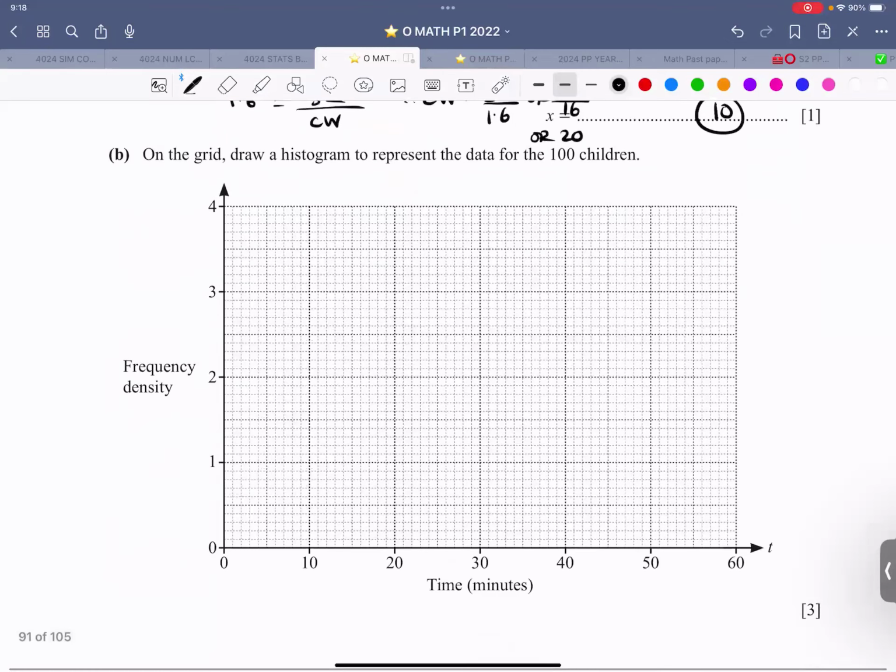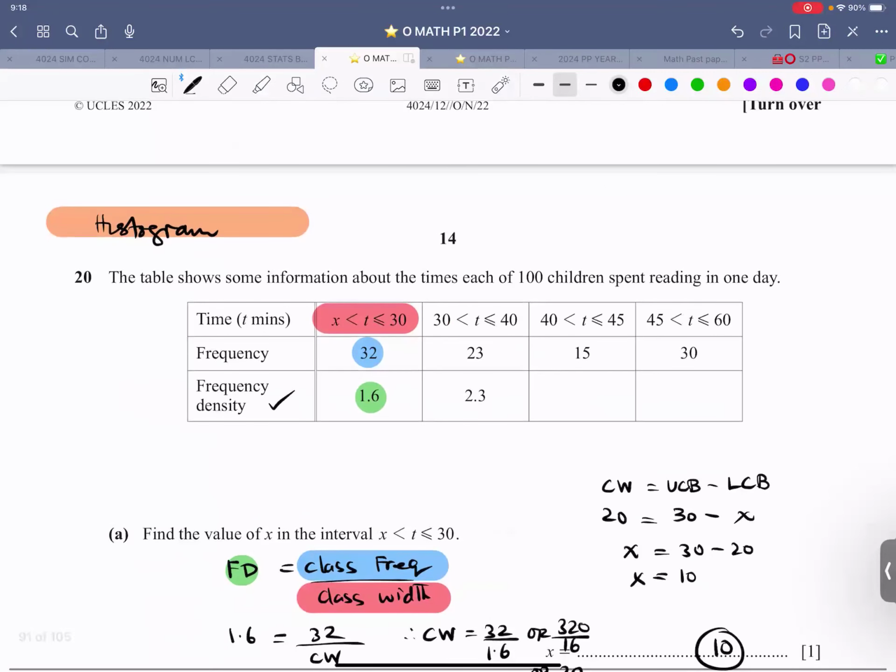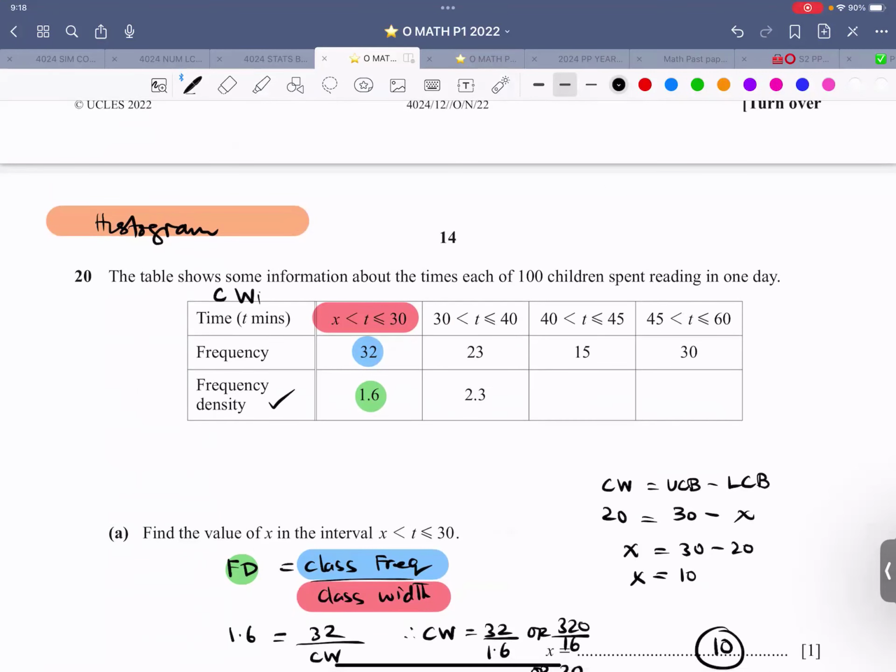On the grid, draw a histogram. So this is the drawing part. What we do is that we need class width and we have frequency density. Actually we do need class width, because we need to calculate this part and this part.